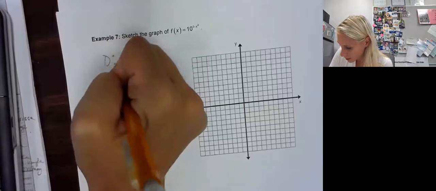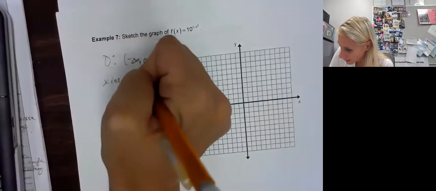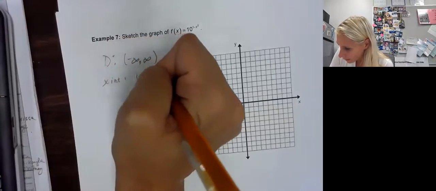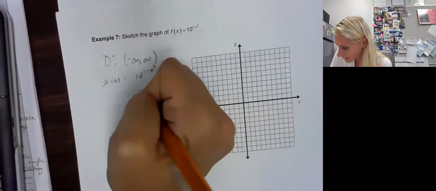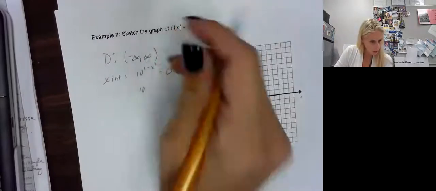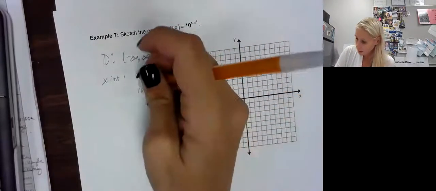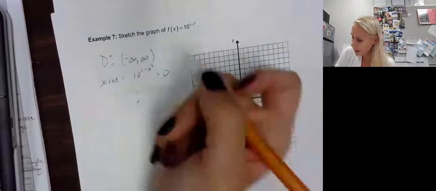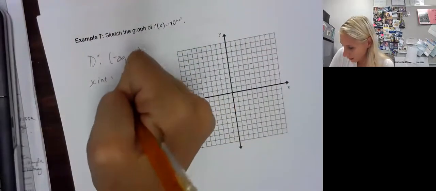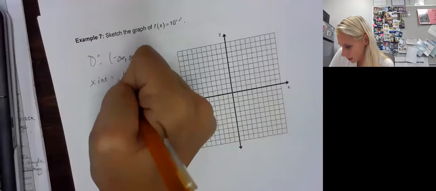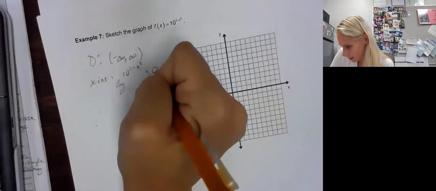X-intercept. Let's set this equal to 0. We're running into the same case, right? Well, no, we're not. We have to actually log, right? Because we can't do the same bases. So to get rid of 10 is we log both sides, right?